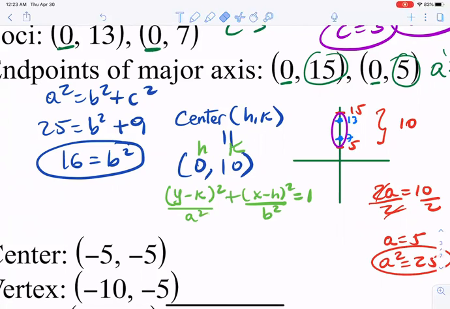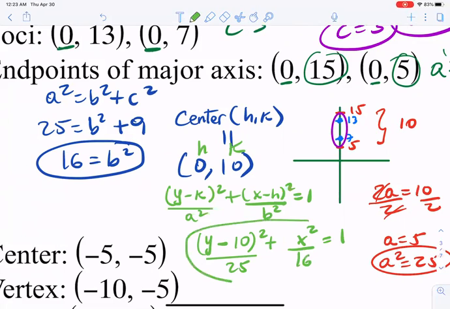So y minus K. What's K? K, we found it. K was 10, squared, plus x minus, what's H? H was 0, so I don't need to write anything here. So I can just say that this is x squared and this is equal to 1. So A goes with 25 and B goes with 16. And I am done. This is my answer.